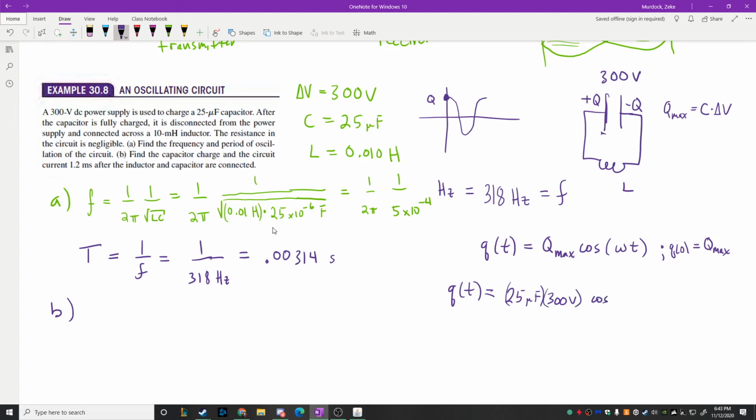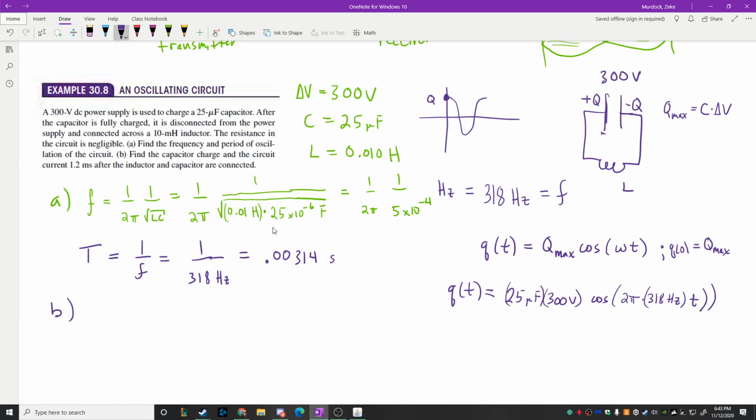And then cosine of omega t. So omega is 2 pi times the frequency. So this is going to be 2 pi multiplied by the frequency, which is 318. Maybe there's an easier way to write this, because it's basically 0.2 times 10 to the 4. Well, it's 2 pi multiplied by 318. And that's multiplied by t.